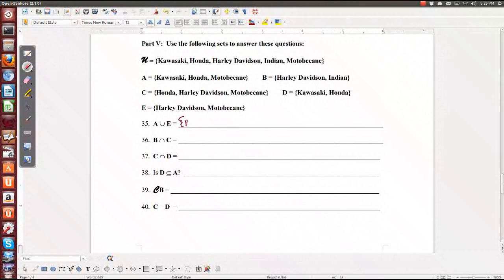So I'm going to have Kawasaki, I'm going to have Honda, I'm going to have Motobakan, and I'm going to have Harley Davidson.